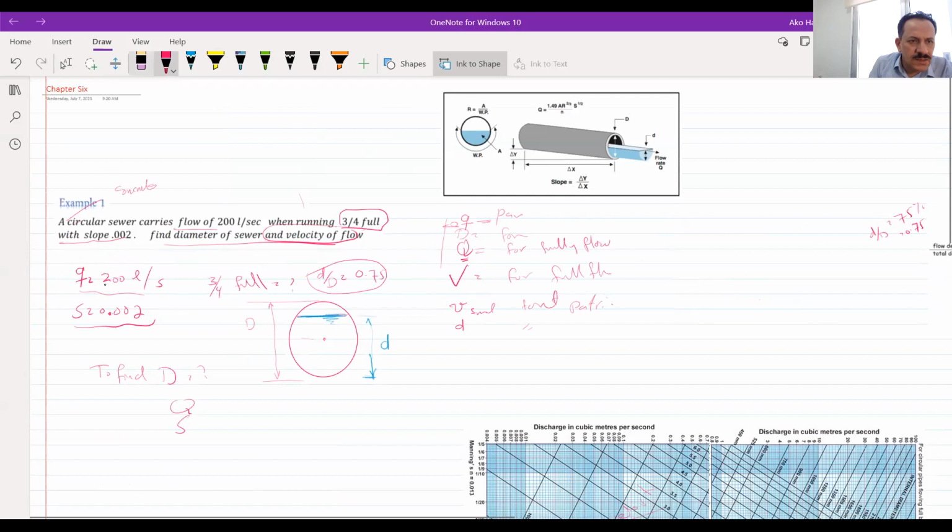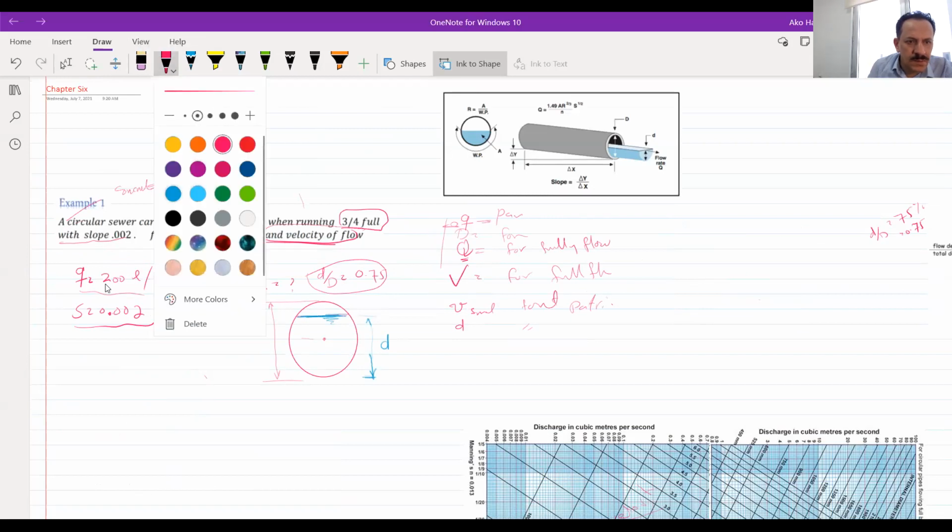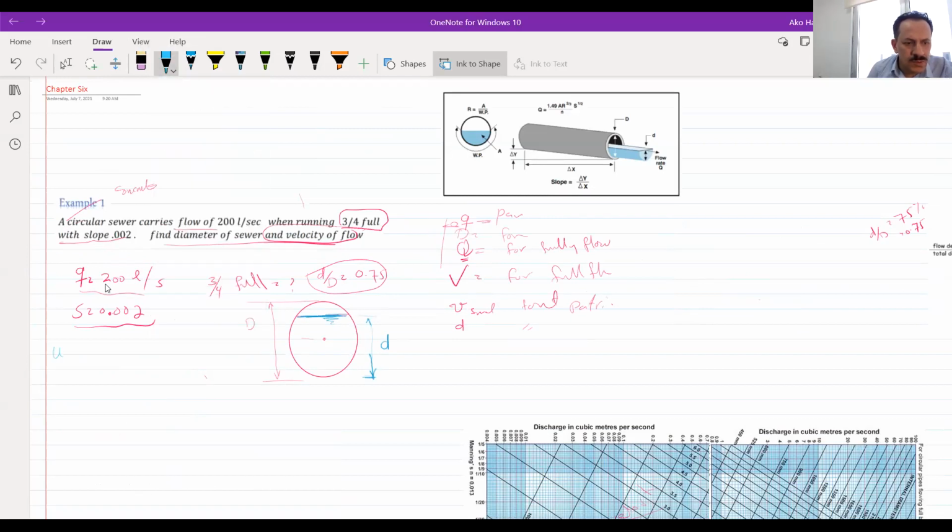So I can say, using the partial flow, at d over capital D equal to 0.75, the small q over capital Q will be about 0.9, 0.91 something, 0.92.